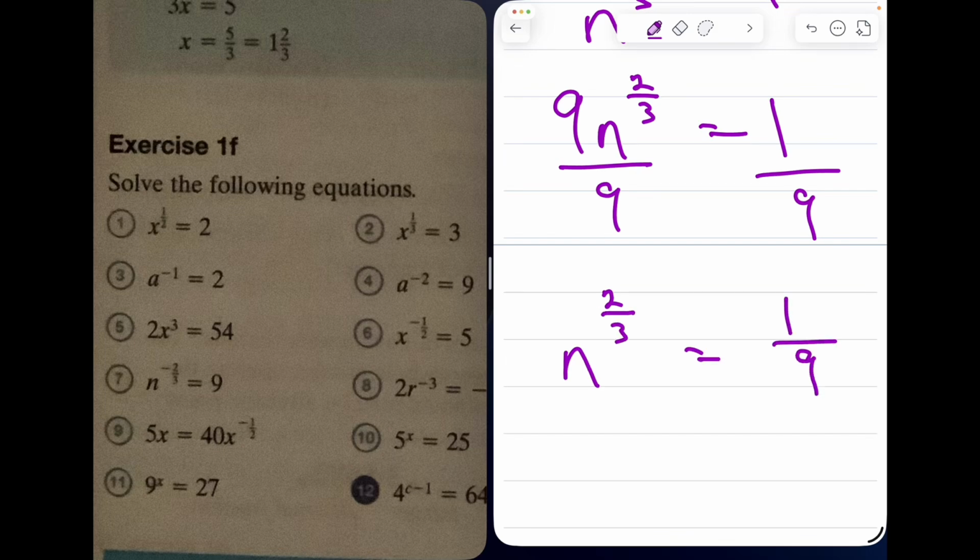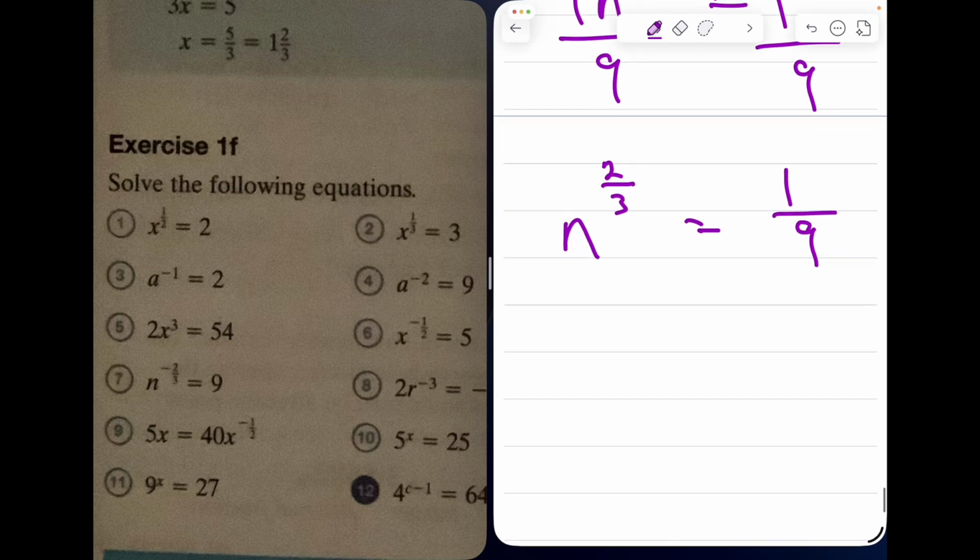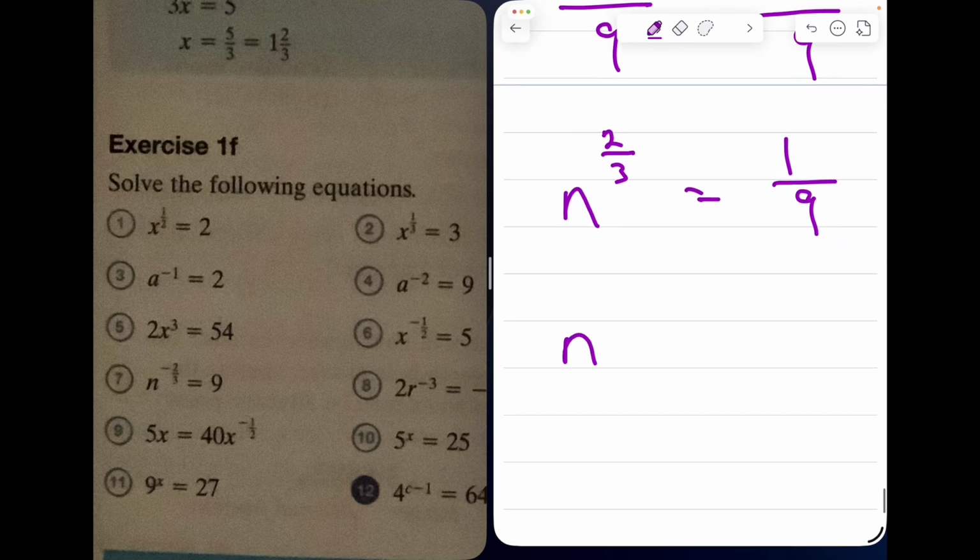And what this simply means is, now the power is 2 over 3. That means we are going to raise both sides to the reciprocal of that power. And that simply means n raised to power 2 over 3, raised to power 3 over 2. The reciprocal of 2 over 3 is 3 over 2.